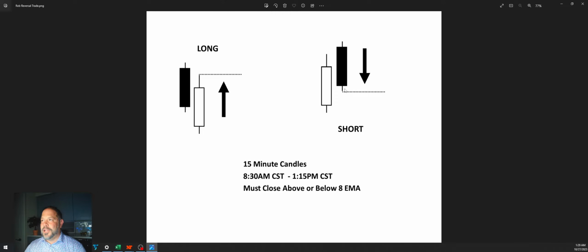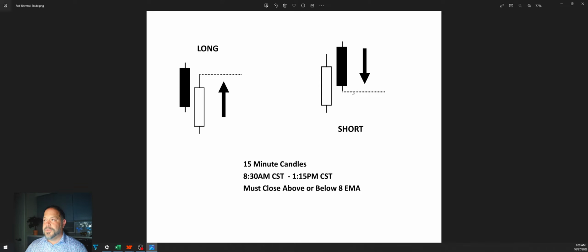And it has to close within this candle. So if this candle was a huge candle that engulfed this one, no trade. It's gotta be within this body and wick of this candle.